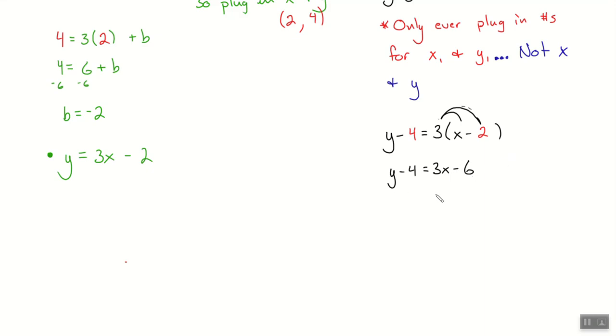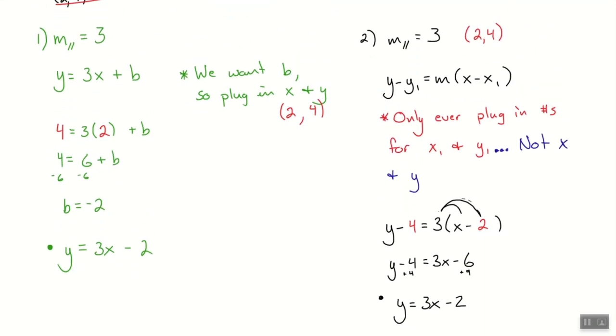Last thing, Andrew, if I want to solve this for y, what would you do? I want only y on the left side. You do 3x minus 6. So how do I get rid of this minus 4 is the same question. Add 4 on each side. Good. I wind up with y equals 3x minus 2. Do we get the same thing?